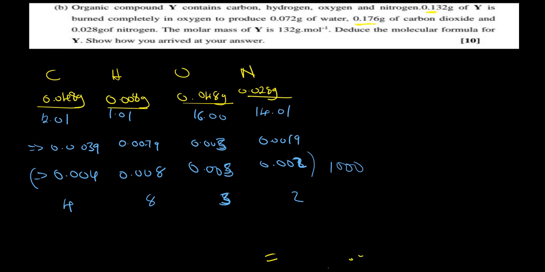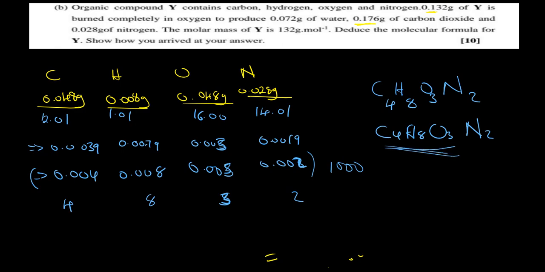So from here you can say this is the empirical formula: for nitrogen 2, for oxygen 3, for hydrogen 8, for carbon 4. So this is what we call the empirical formula. All right, so we know how to get it.